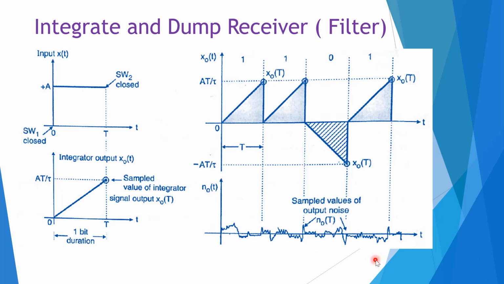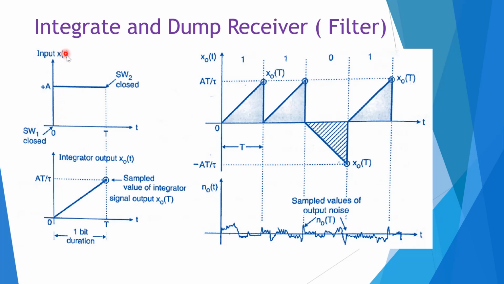This receiver is called, as we have seen, the integrate and dump filter or dump receiver. The sample switch used here, that is SW2, is momentarily closed at the end of each bit interval in order to make the integrator output available to the user. So here we can see the input and output voltage over 1 bit duration.